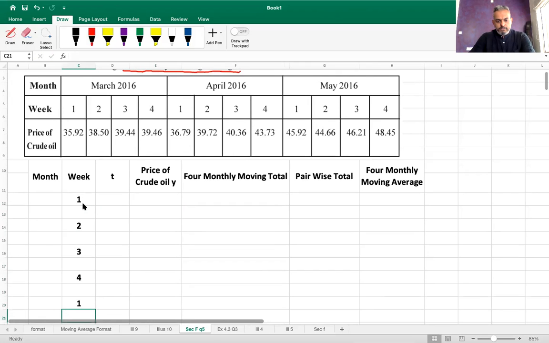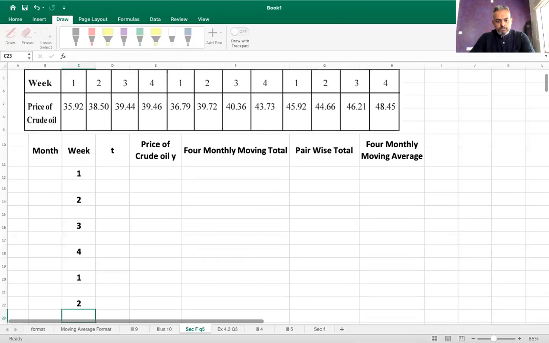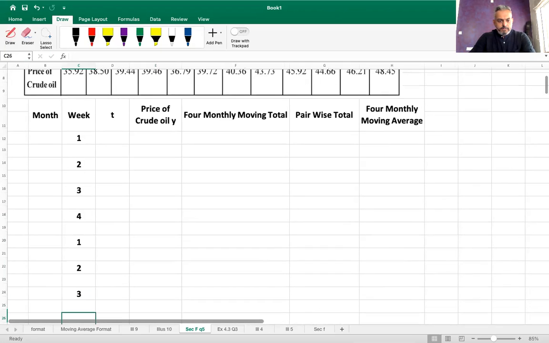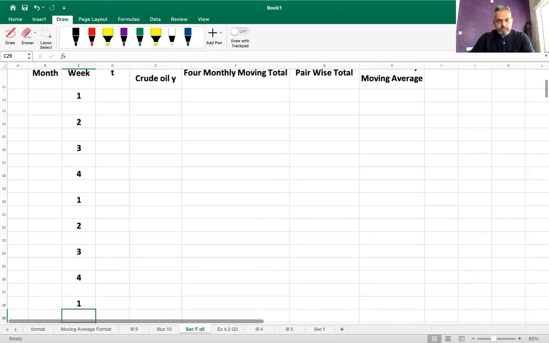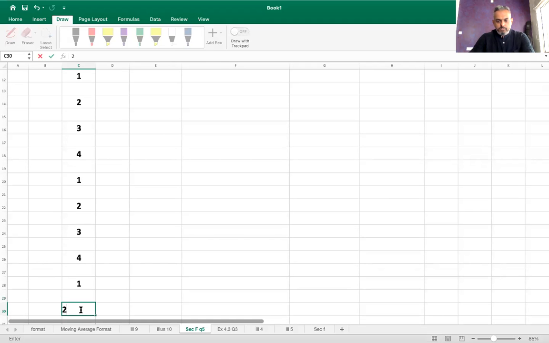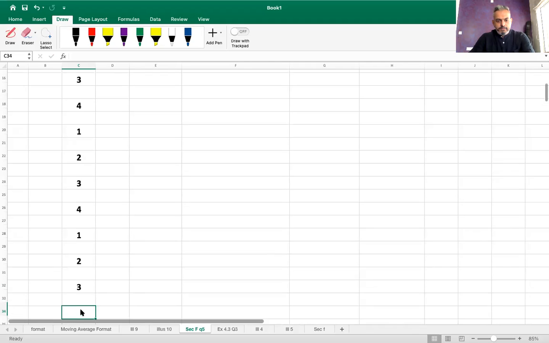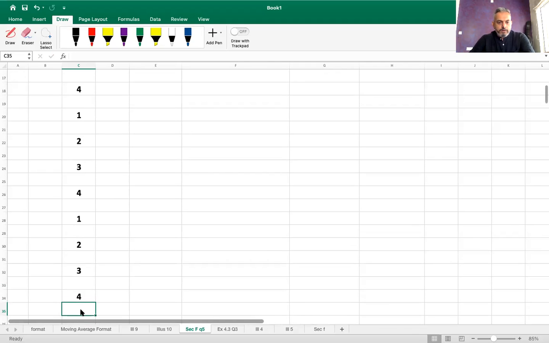Then again 1, 2, 3, 4. And again 1, 2, 3, and 4.